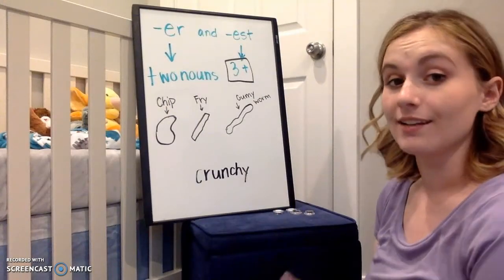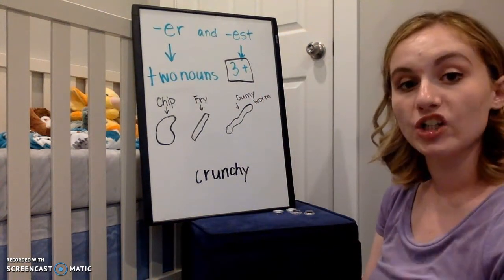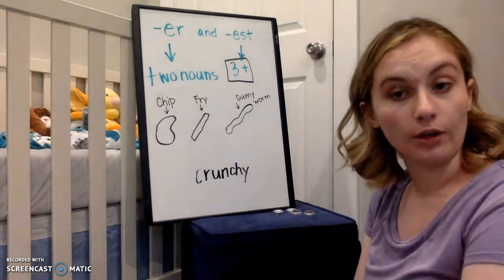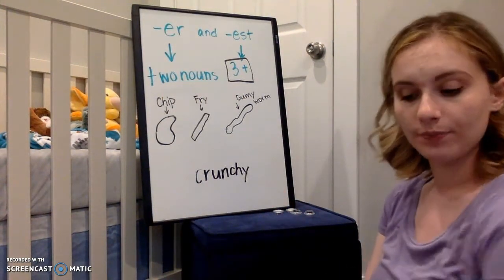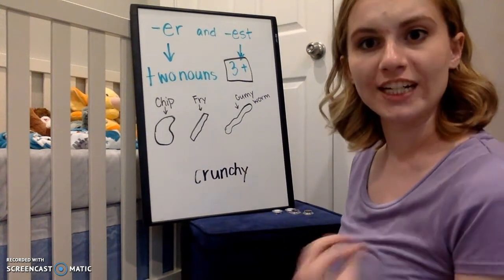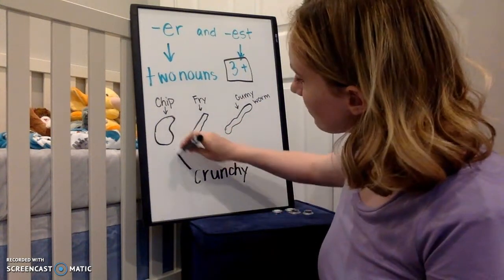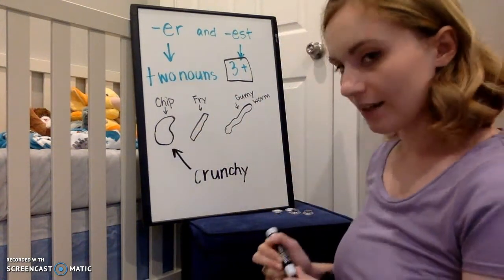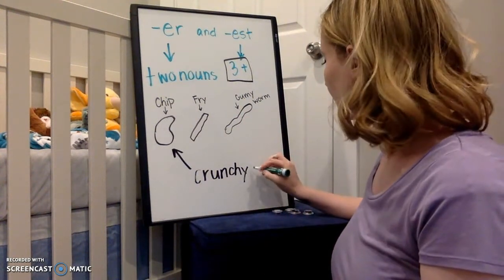Okay guys, now I have three nouns that I'm going to compare. A chip, a fry, and a gummy worm. I'm still going to use the adjective crunchy to describe my nouns. Which one of these three nouns is going to be the crunchiest though? Probably my chip. So my chip is going to be my crunchiest. And because it's three or more nouns, I add the est.